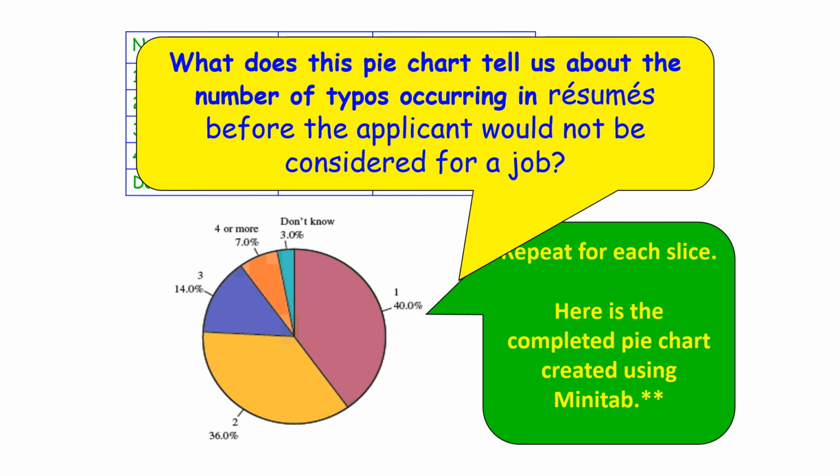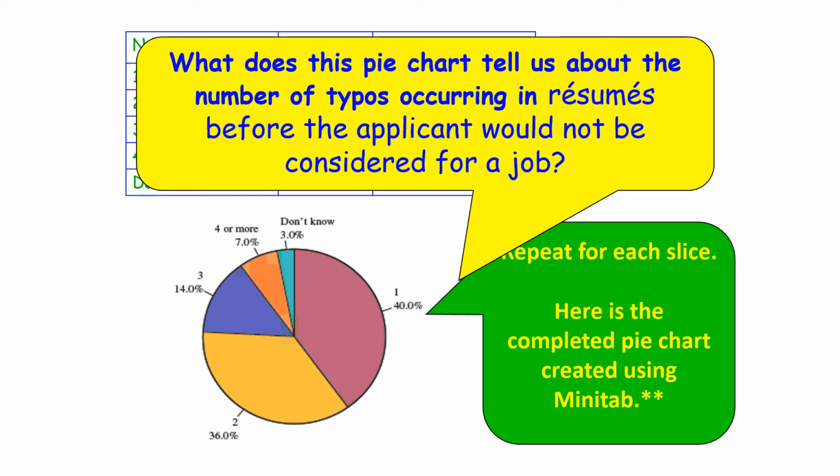What does this pie chart tell us about the number of typos occurring in resumes before the applicant would not be considered for the job? It tells us that 40% of those who were questioned would only allow or consider one typo to occur in resumes, and that only 3% didn't know.